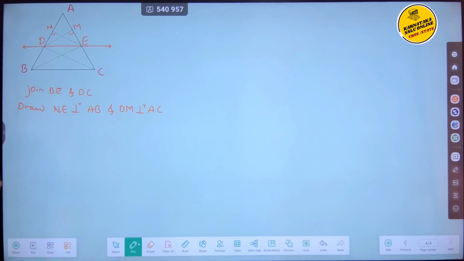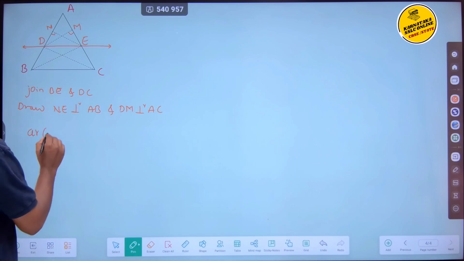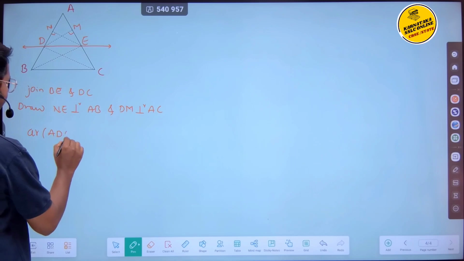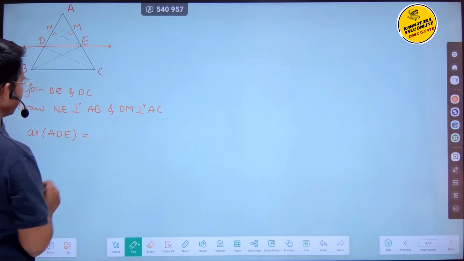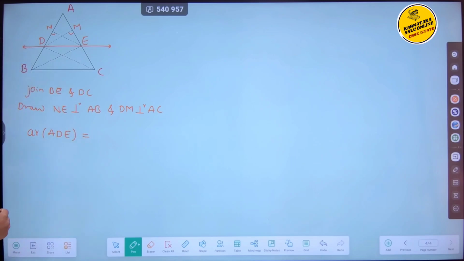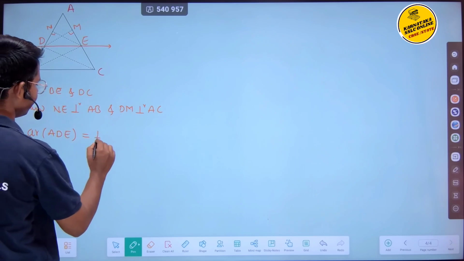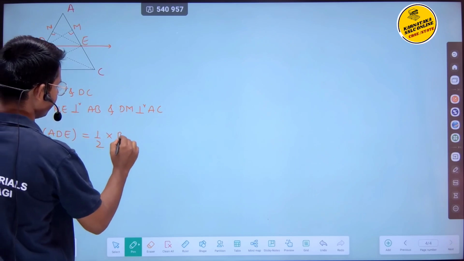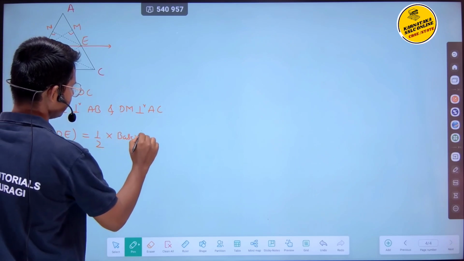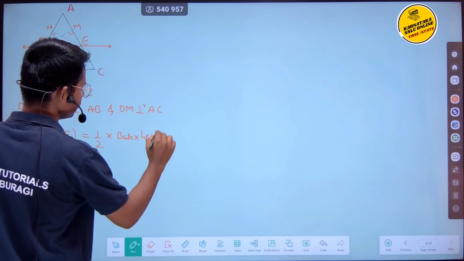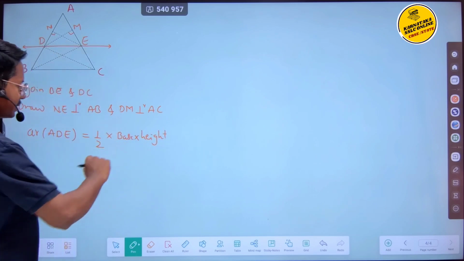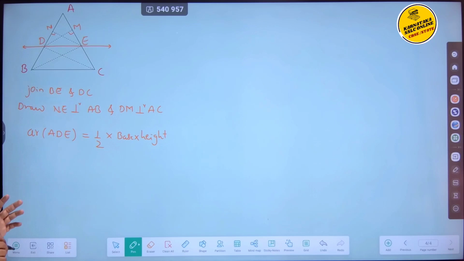First, we know from the previous class, area of a triangle you can write as area of triangle, suppose ADE I am finding. Area of triangle ADE is half into base into height. I will write the formula once; next time you need not write the formula, you can just substitute.